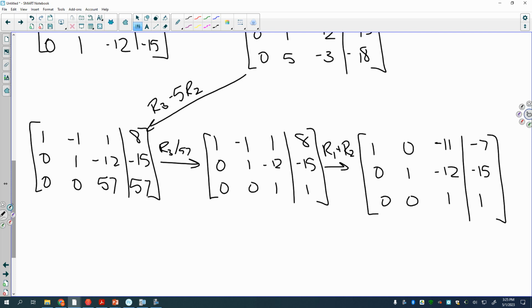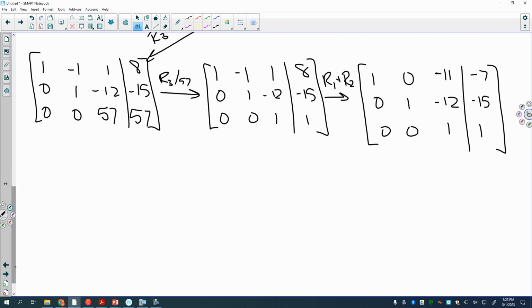Now I'm going to take row 1 plus 11 times row 3. And that's going to give me 1, 0, 0, and then negative 7 plus 11, that's a 4.